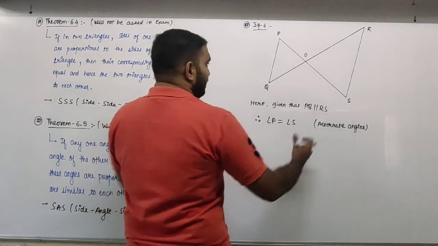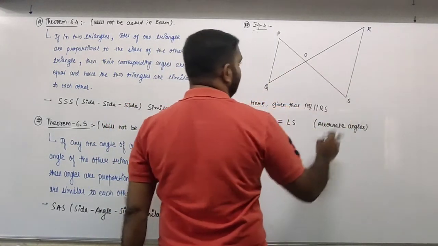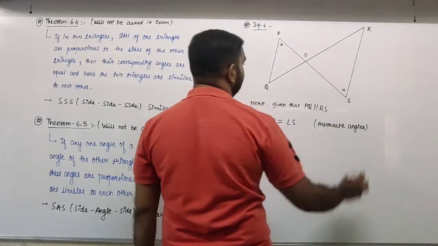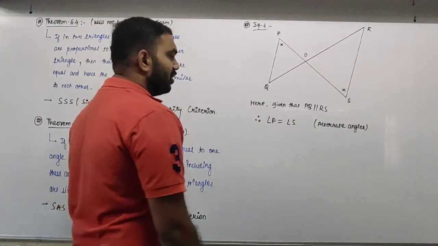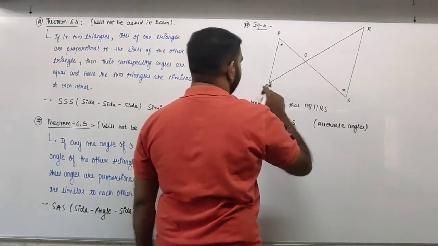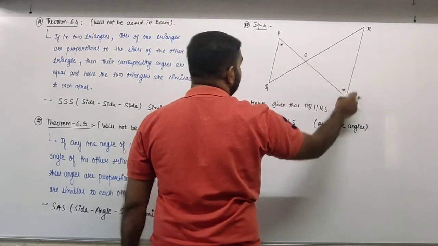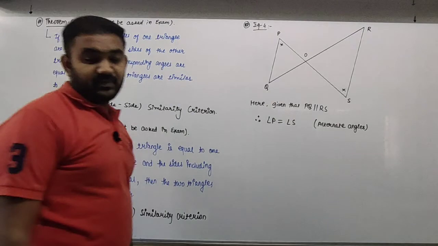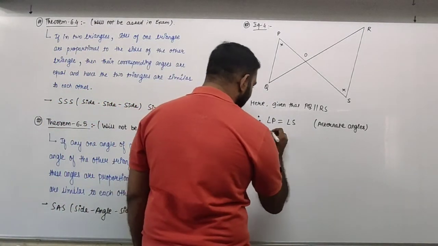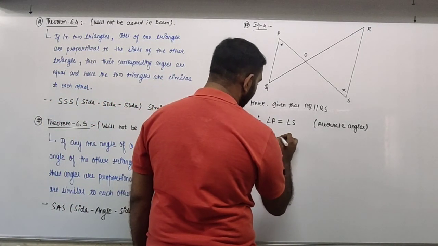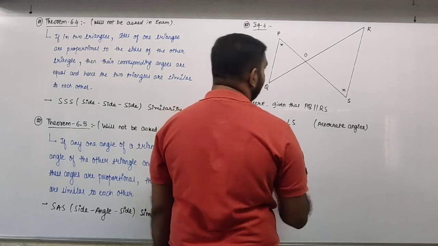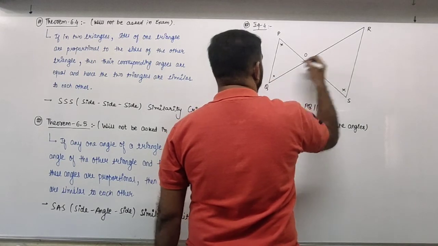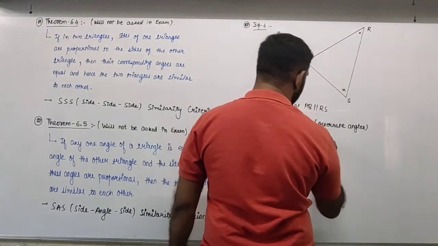If these two are parallel, PS will be the transversal and hence this angle and this angle will be equal because they form a Z pattern. Start from here, Q P S R, a Z pattern forms and hence they will be alternate angles. Similarly, angle Q is equal to angle R. That also forms a reverse Z pattern, so this angle and this angle are also equal.